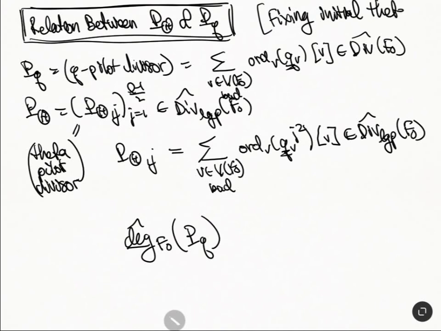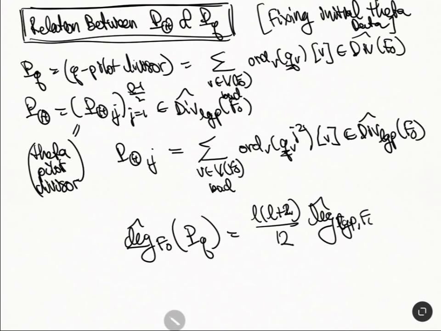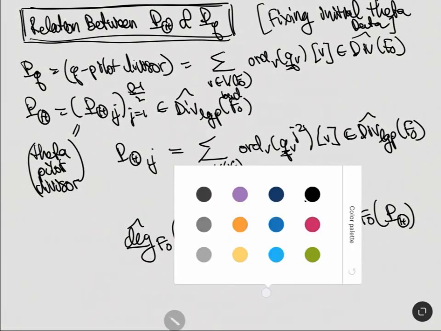That's not so important. And then this thing is going to be equal to L times L plus 1, or L plus 2 over 12, I believe. And then you take the LGP degree F naught of P theta. Okay, so this is the relation that we're after here.